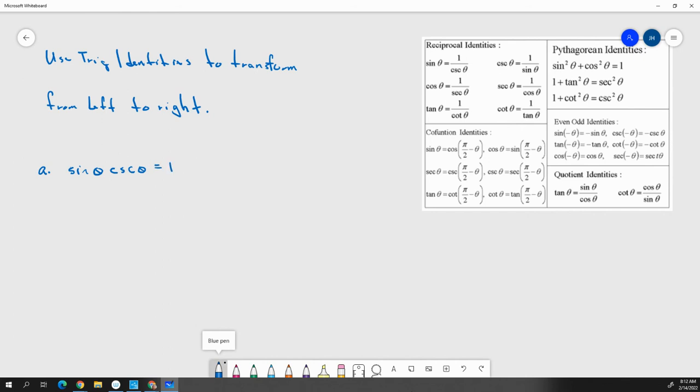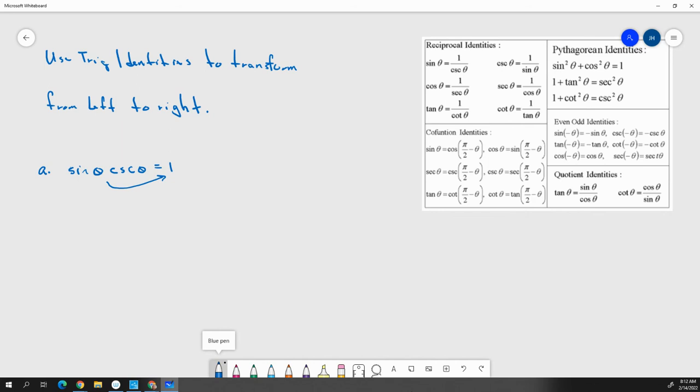When it says transform from left to right, I am going to show how we got from here to 1. Does that make some sense? That I want to show how this can equal that, right?